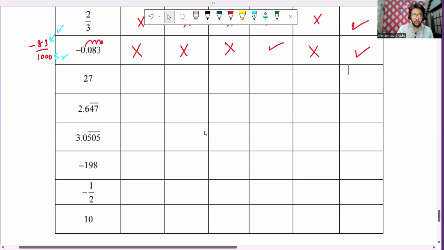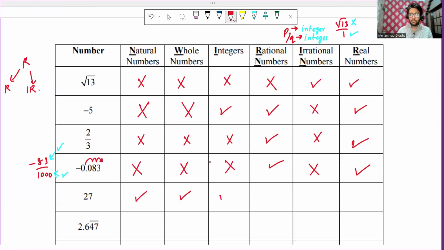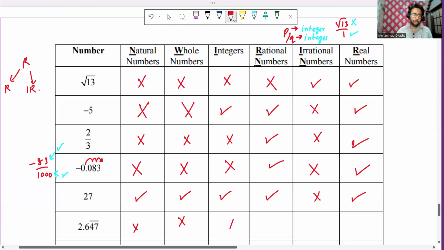Okay. Interesting. Here we go. 27. 27 is a natural number and a whole number and an integer and a rational number, yes, a real number. 2.6 47, 47, 47. Do you see a repetition? The list just keeps going on and on. Natural, no. Whole number, no. Integer, no. Is it irrational? It is a decimal that is non-terminating, yes.